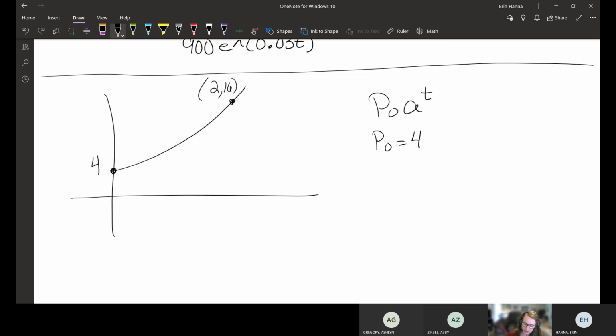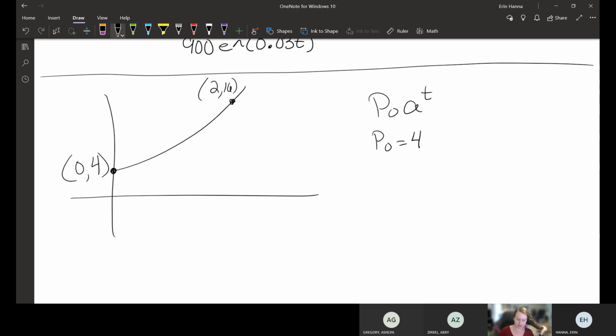To find the a value, we have to do that kind of gross process of writing the two equations and dividing them, because we essentially have 2 points here. We have 0, 4, and we have 2, 16. Can you still hear me? Cool, because that is bothering me.